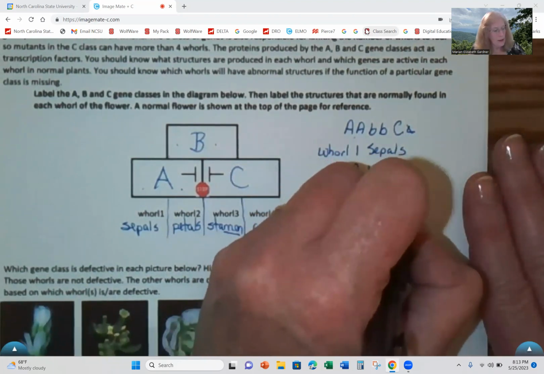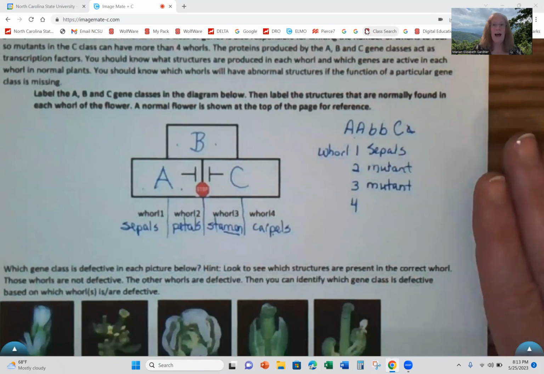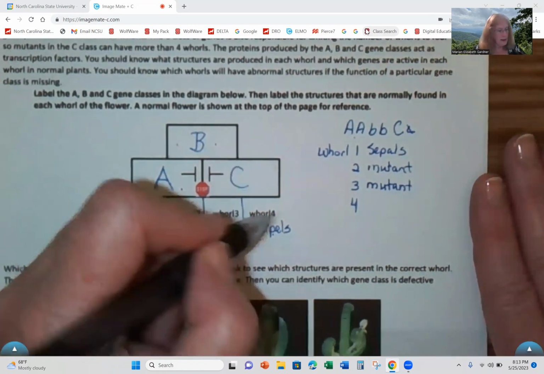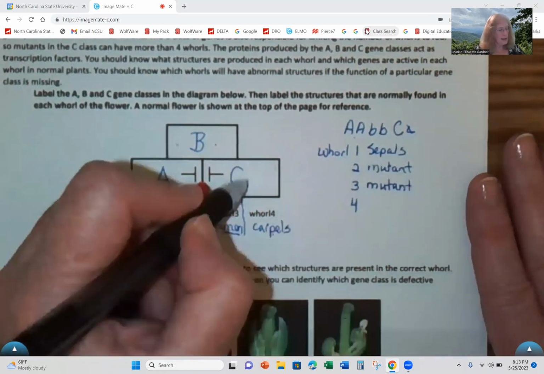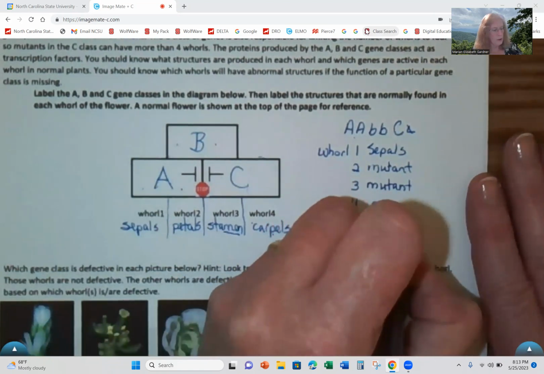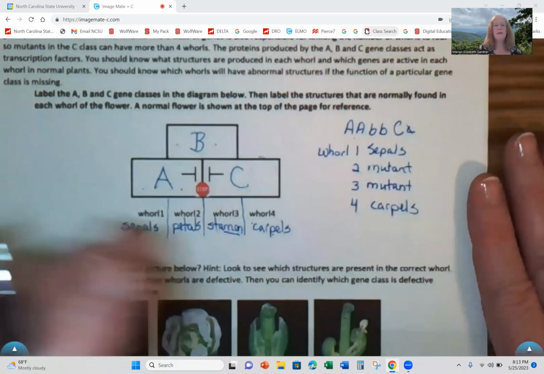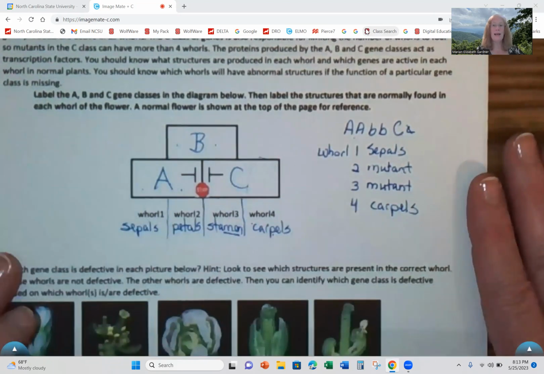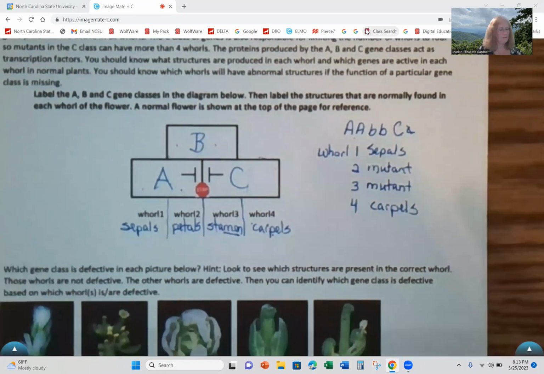So, and you don't need to know those either. If it's not the normal structure in the normal place, you write mutant. And then the C-class gene works fine. C by itself makes normal carpels, so we should have normal carpels. So this is more similar to the way I asked the questions, I think, on the homework.